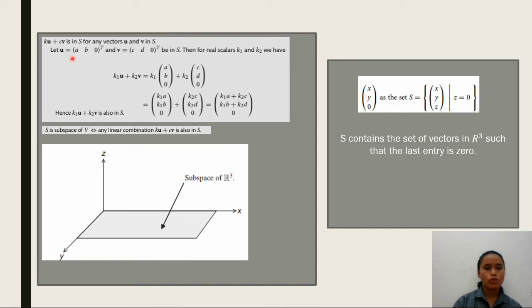So u we transpose, and v we transpose too.